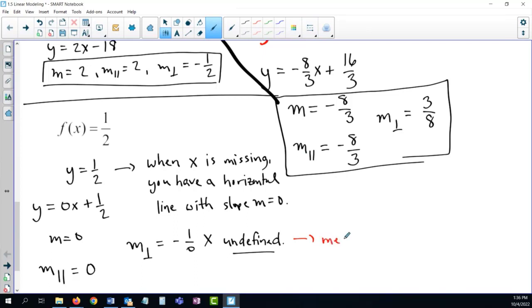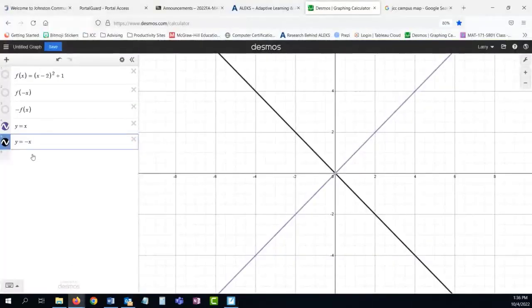This means a vertical line. So let's go back to the graph and show you a visual. We just did y is equal to 1/2, double equal sign.